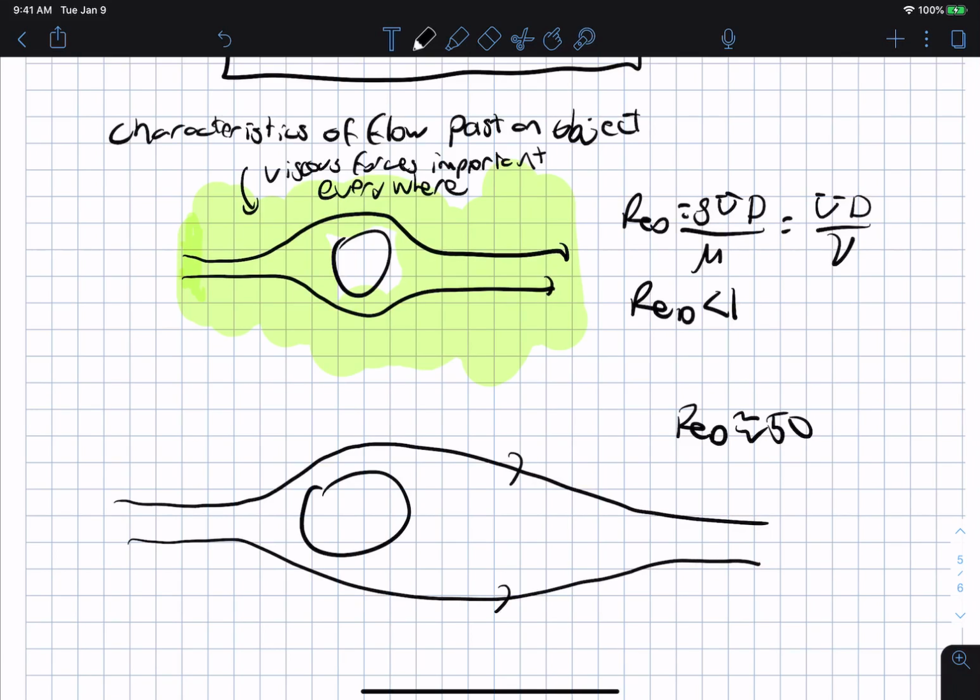What happens here is the flow actually separates, and you get what's called a separation bubble, which is a pair of counter-rotating vortexes that are attached to the rear surface of the cylinder. This is called a separation bubble.